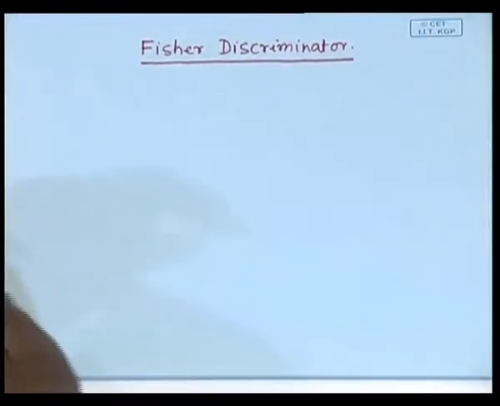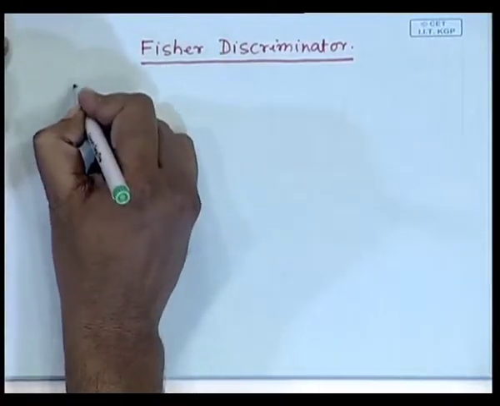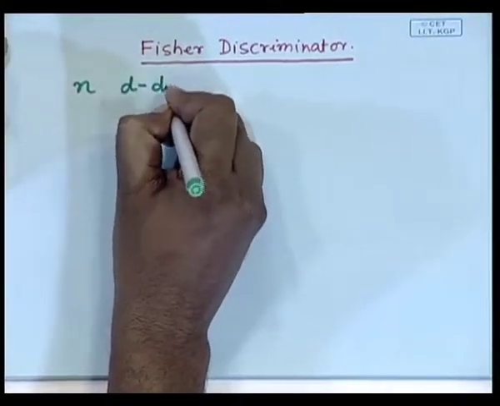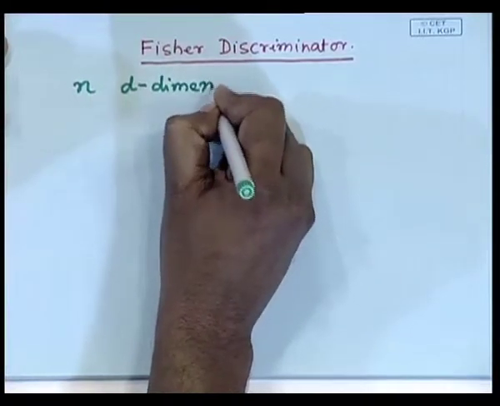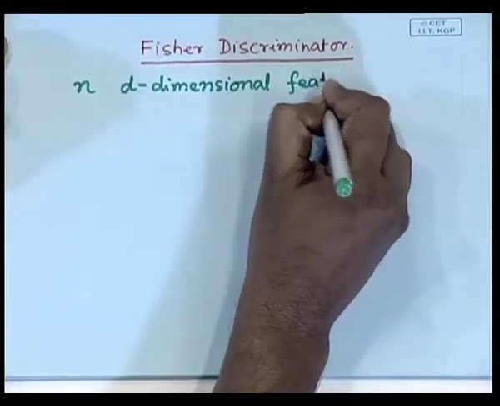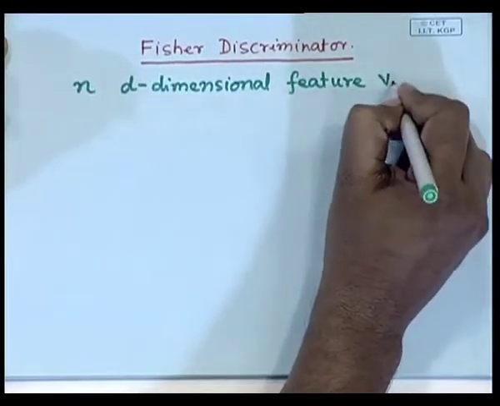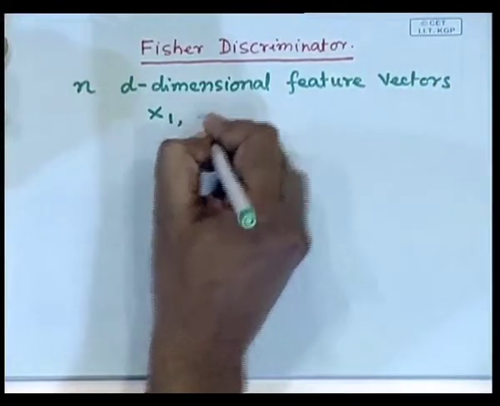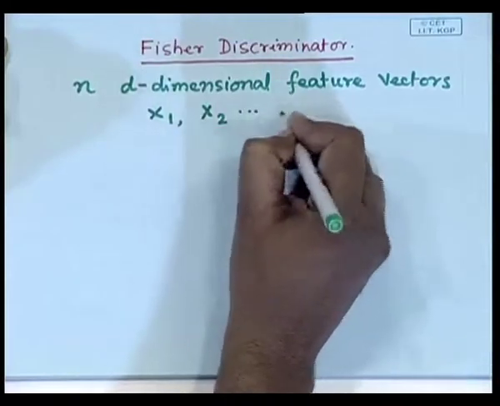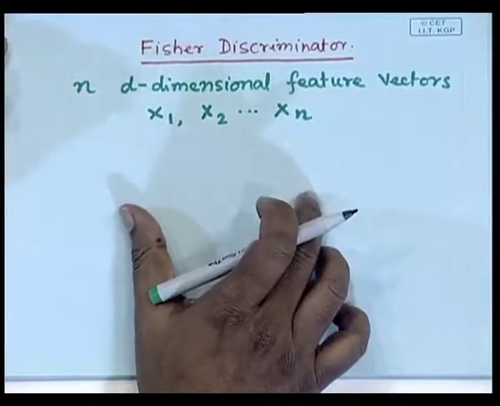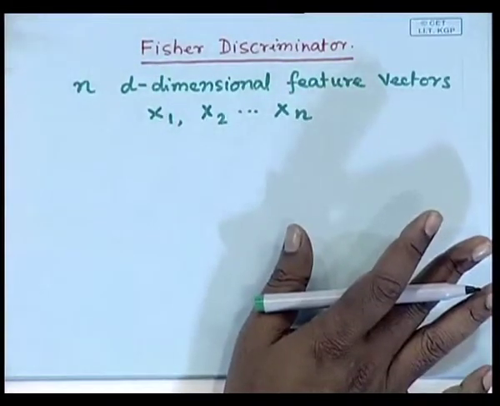So, let us assume that we have n number of d dimensional feature vectors, which are say x 1, x 2 up to x n. These feature vectors are partitioned into two different sets.